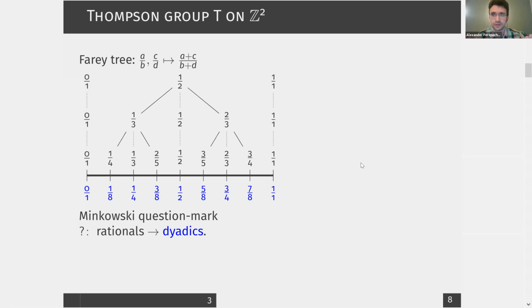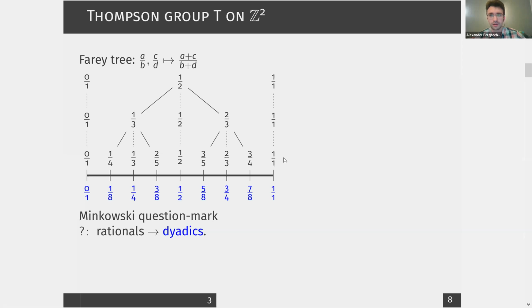We take 0 and 1, represent them as fractions with denominator 1, and then apply the following procedure consecutively. We take two fractions, and we take a new fraction whose numerator is the sum of the numerators and whose denominator is the sum of the denominators. And we put the new fraction in the middle of the segment, and then again and again.